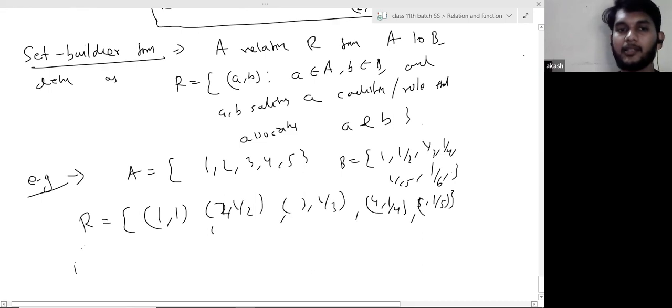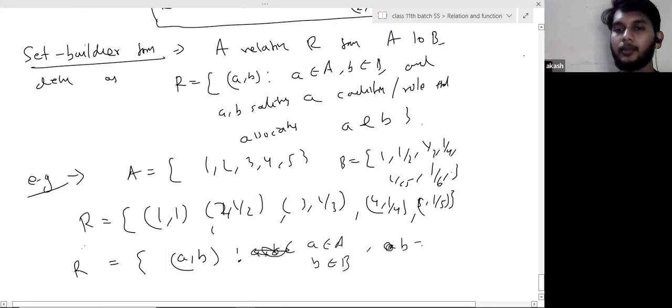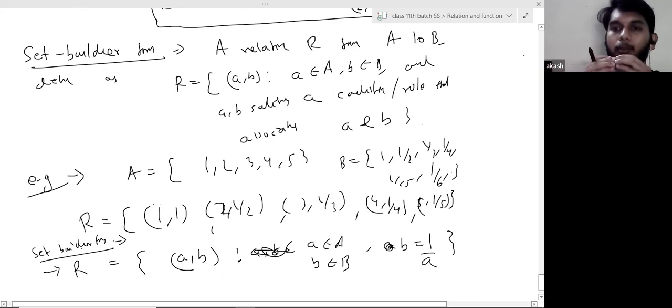So you can define this relation R in set builder form as all (a, b) such that a belongs to A and b belongs to B, such that we can write b equals 1 upon a. Whatever a is, b will be the reciprocal of that. So this way we can define the relation R. This will be set builder form, in which you don't write the elements, but the rule, the condition that associates a and b.